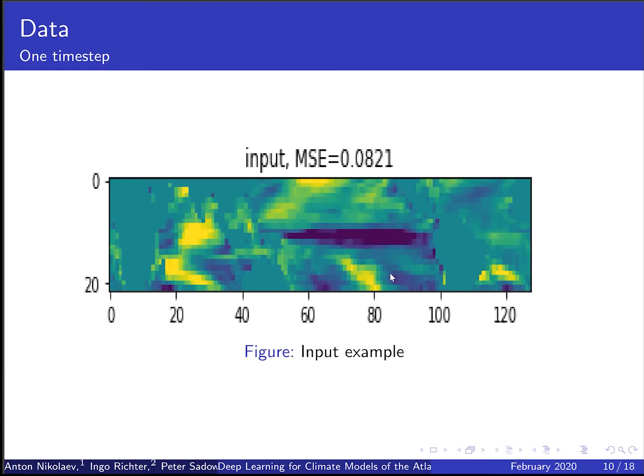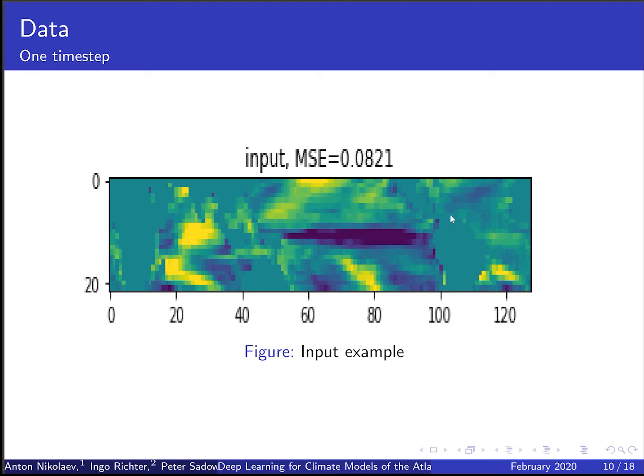So this is what the data input for one single time step looks like. You can see the continents here. It is a 128 by 22 grid, and in each grid cell we have a recording of sea surface temperature, or sea surface temperature anomaly.